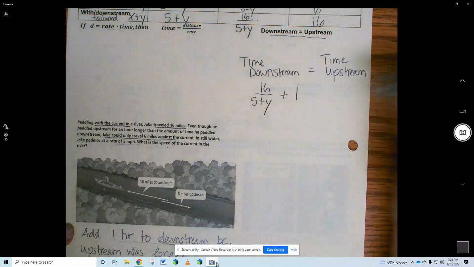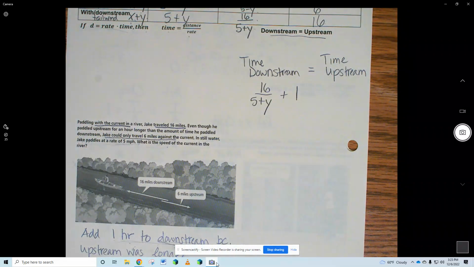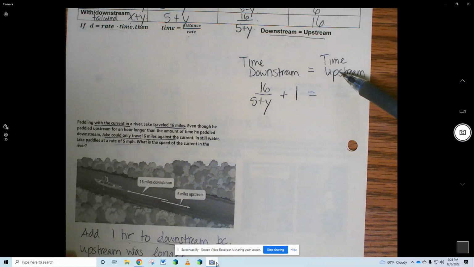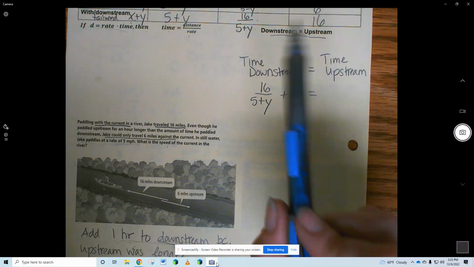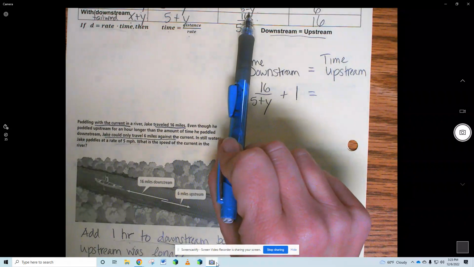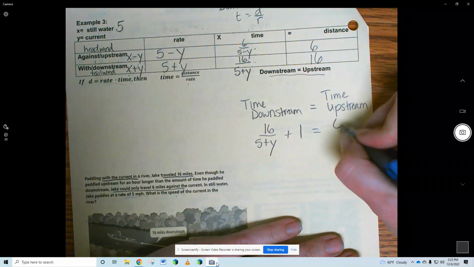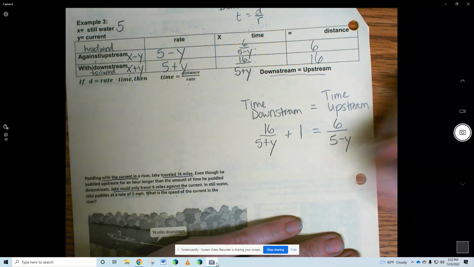Remember, this is time. Now, time upstream, right here, is 6 over 5 minus y. So 16 over 5 plus y plus 1 equals 6 over 5 minus y.